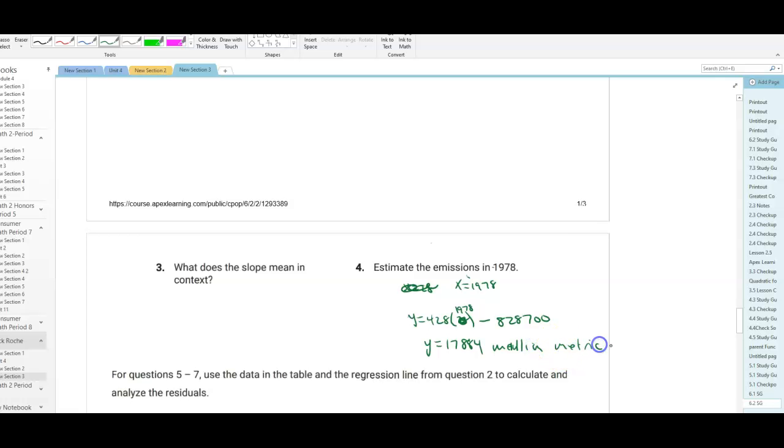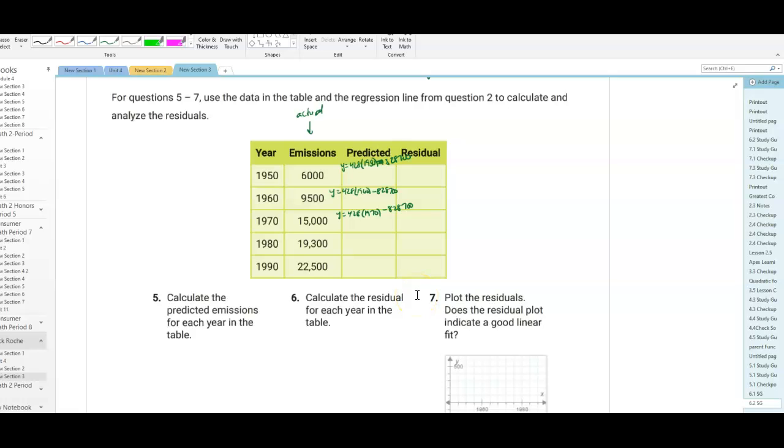Okay, so the next part of this, they want you to use the data in the table and the regression line from question 2 to calculate and analyze the residuals. What I did right here is show you that all I'm doing is plugging these years into our regression model. So I'm doing 428 times 1950 minus 828,700.